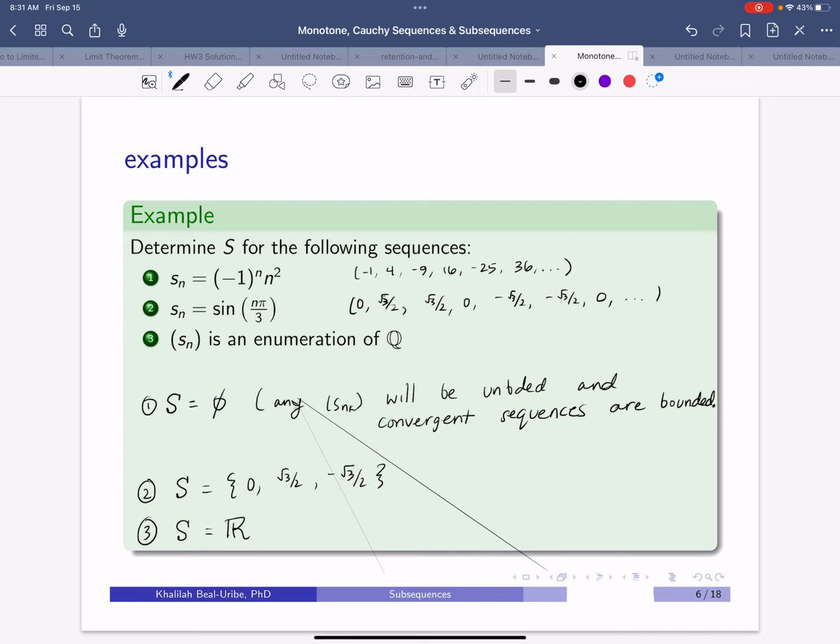So if you take all the rational numbers and you write them in a sequence, for any real number, you'll have a subsequence of rationals that converges to it.